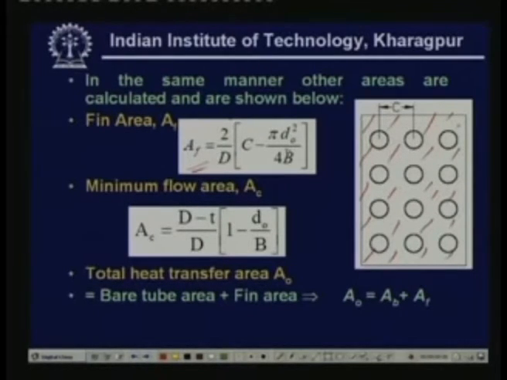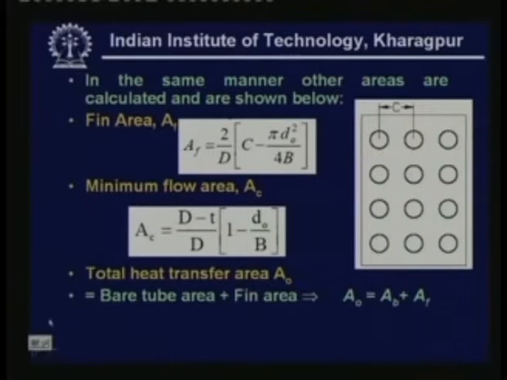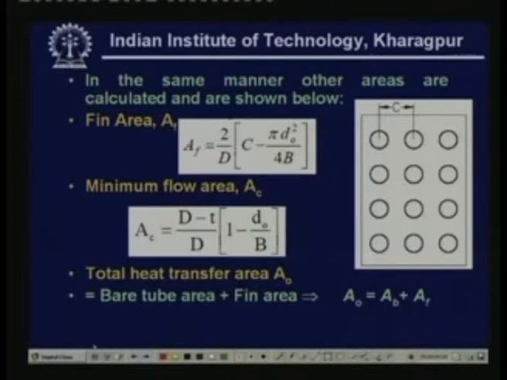Similarly, the minimum flow area is actually between the tubes, and the minimum flow area is somewhere here. So this is where the passage becomes narrow, and this distance is the minimum distance. So we can find out what is the flow area at this point.